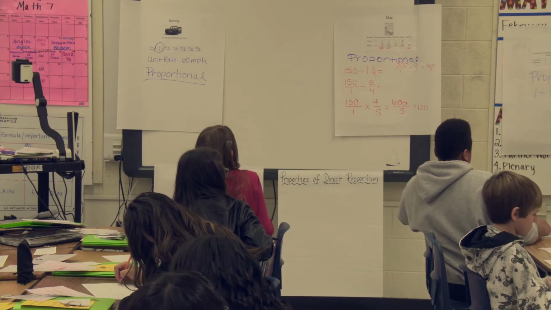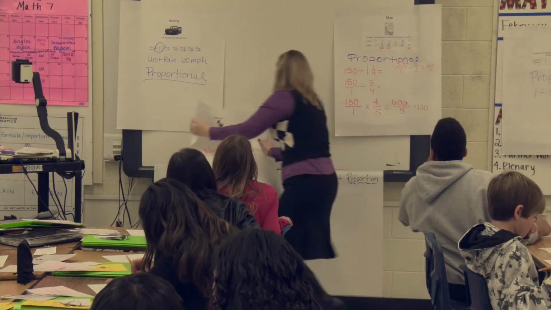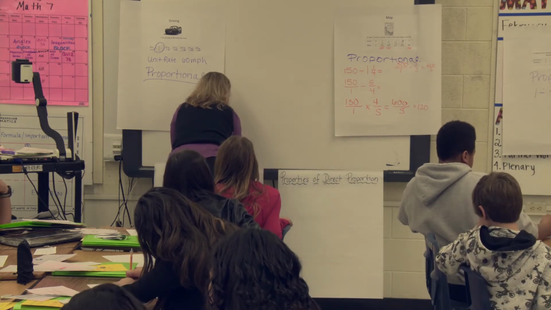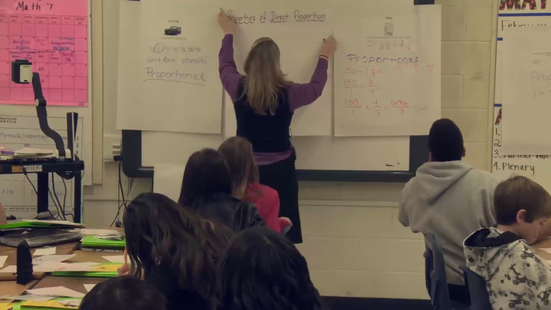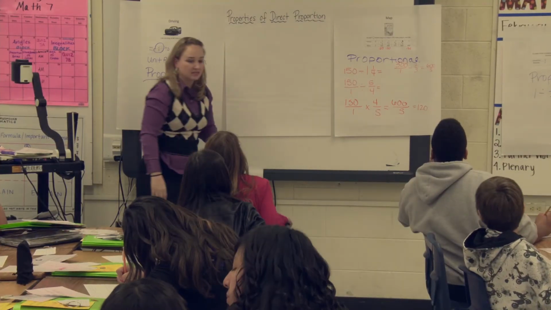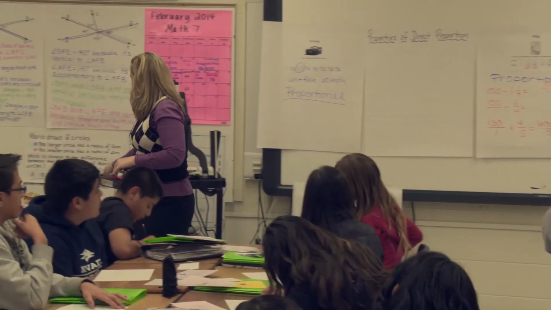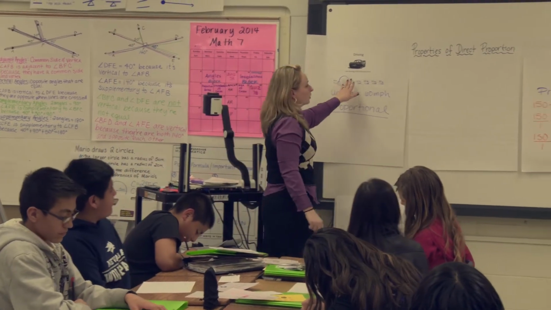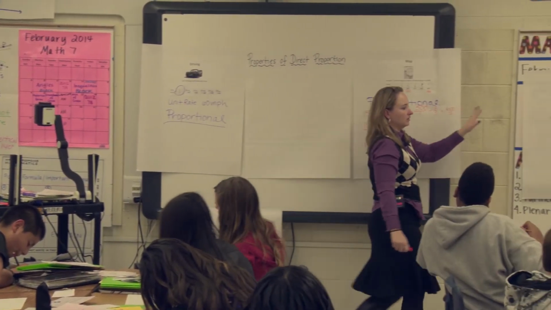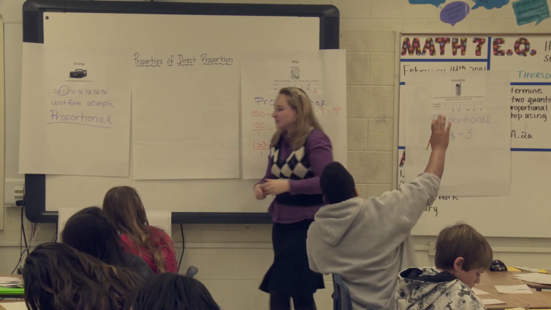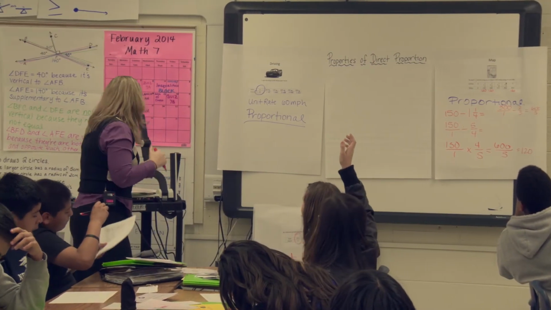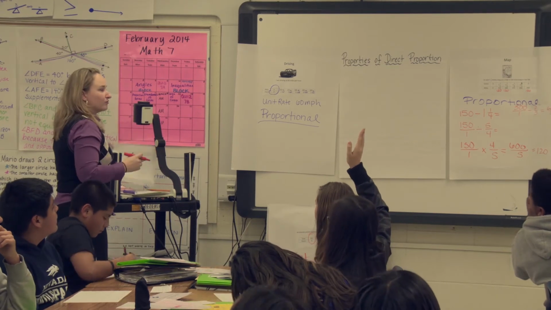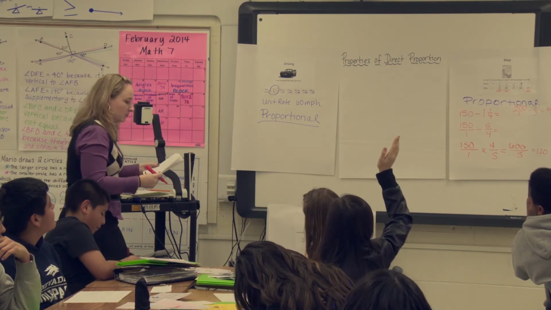What are some things we know about tables? What has to be true about a table of values to tell us it's in proportion? So look at your tables that were proportional, okay? What has to be true about that table of values for those two quantities to be proportional?